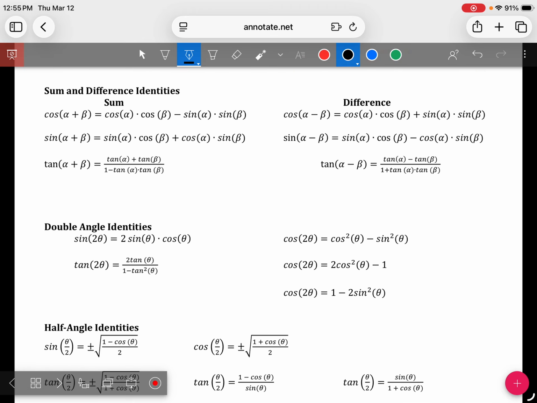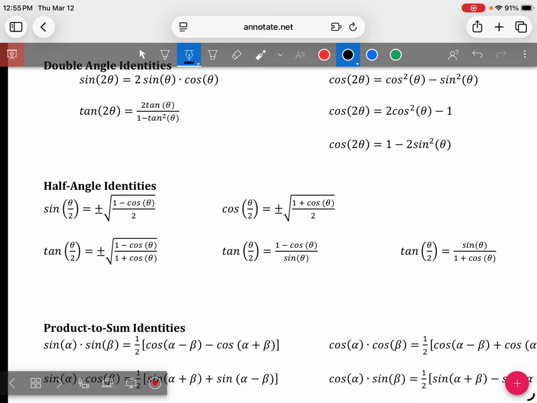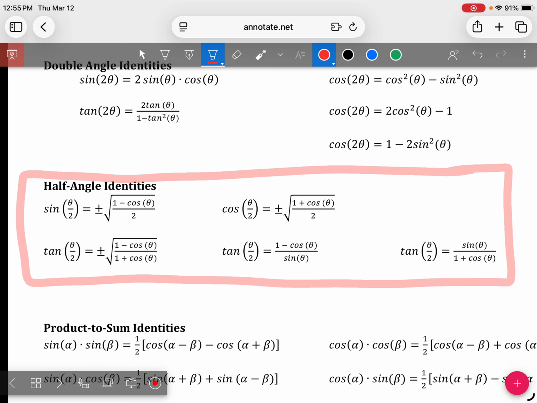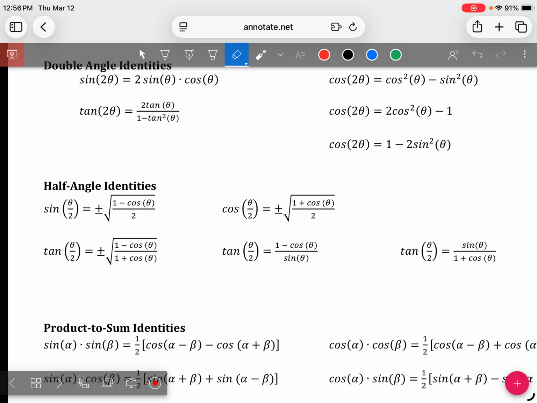So today we're focusing on this section, half angle identities. So go ahead and look at your pink paper, your unit circle. So I want you to notice that for sine half angle, there's only one identity.